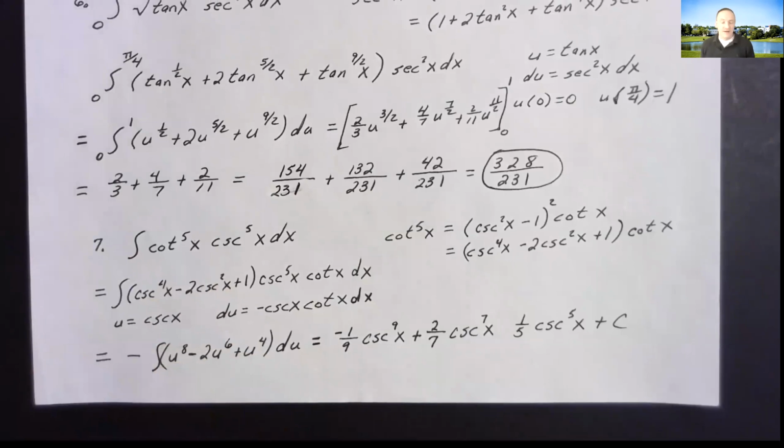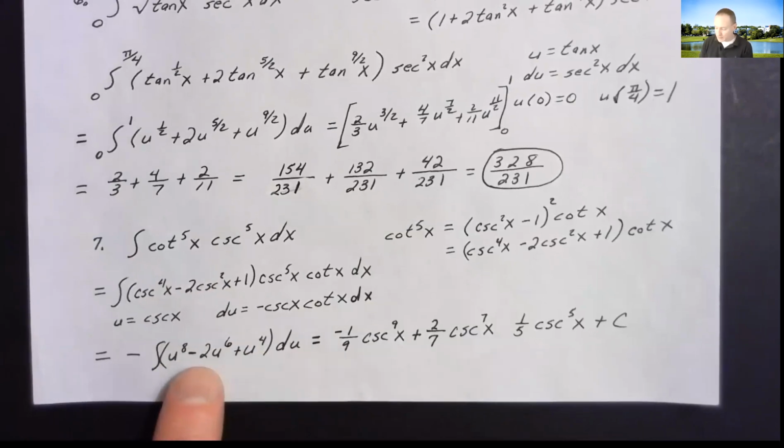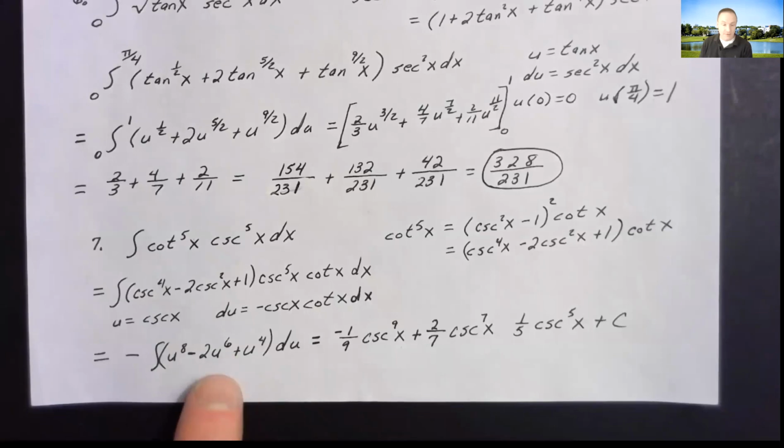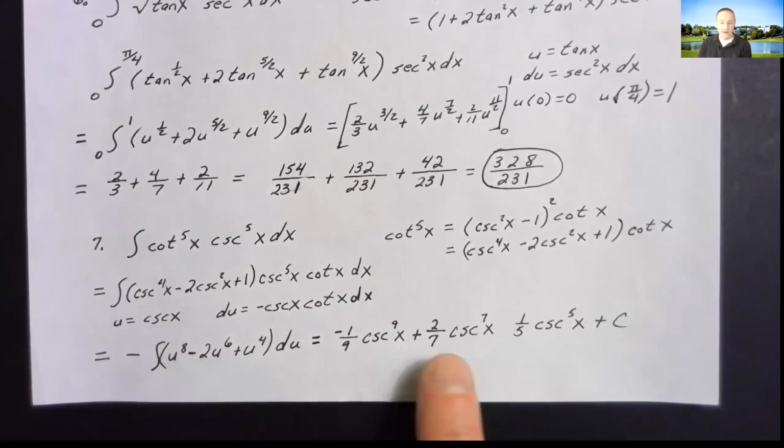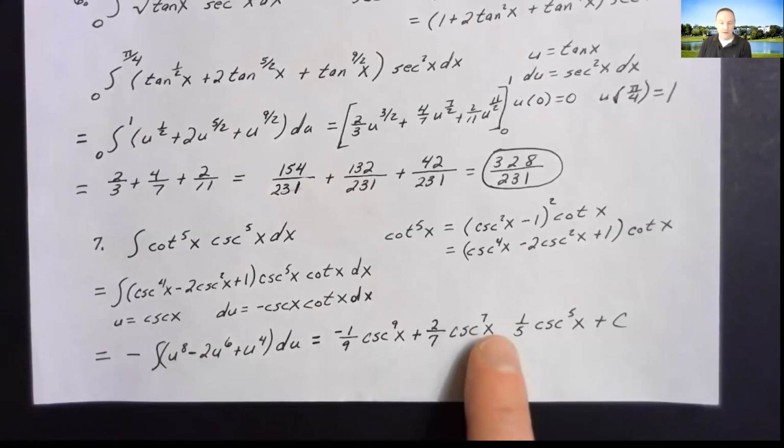You say negative 1/9 cosecant to the 9th. Notice I'm going ahead and putting it back in terms of x. Well, before you distribute the negative, the second term would be negative 2u to the 7th over 7. Distributing the negative makes it positive 2/7 cosecant to the 7th x.